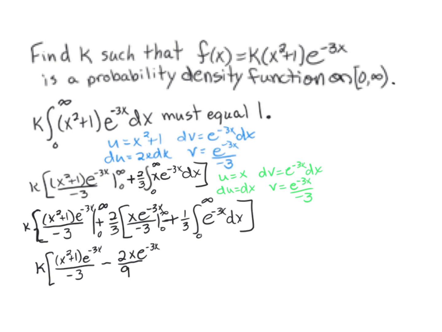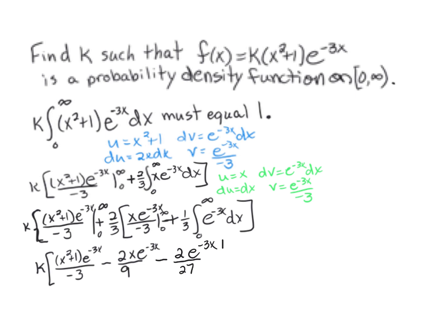All of this stuff gets evaluated from 0 to infinity. We're going to do some algebra before we get there. Integrating that last integral, notice that I have this 3 and this 3, that's over 9. When I integrate, I get another negative 3 in my denominator. So this is going to give me a minus 2 on the top, a 27 on the bottom, e to the minus 3x.